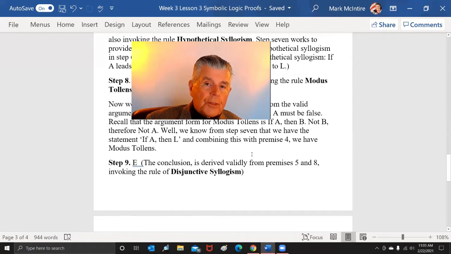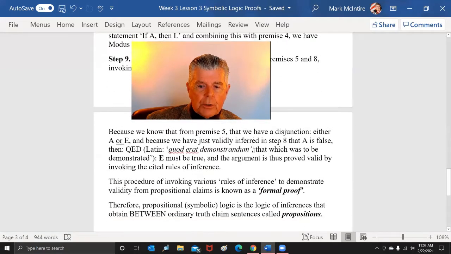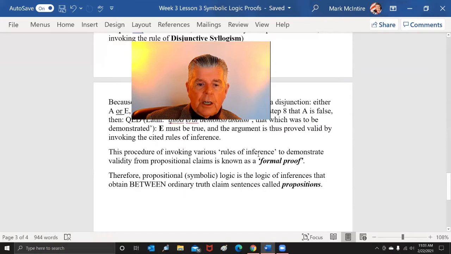Now imagine that this argument went on for thousands of lines of premises, thousands, as you would have in a computer coding, software coding problem. So that's something that is in the book. You can follow it again and study it, because this is how you take ordinary language, translate it to propositional symbols, and then apply the 19 rules, in our case only 5 rules of symbolic logic, and you're able to prove the validity of any argument.